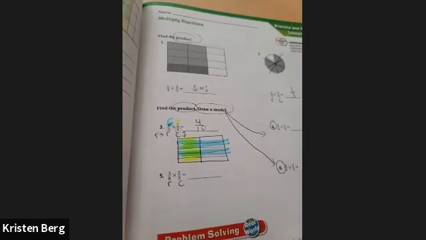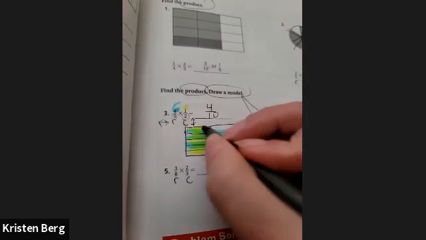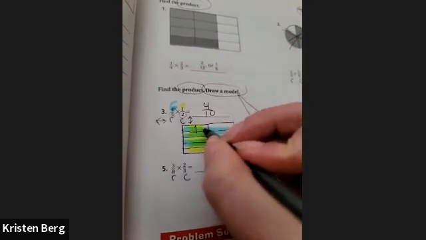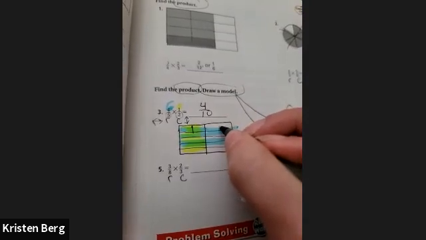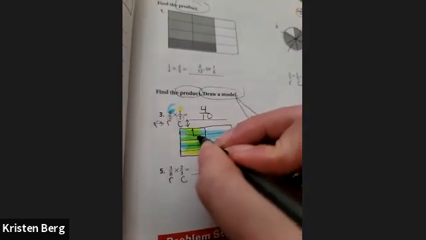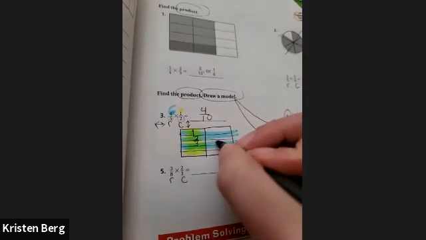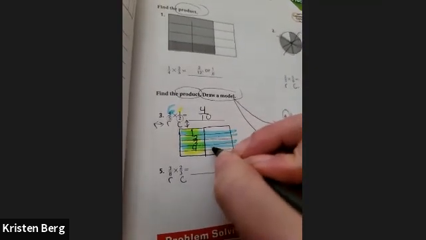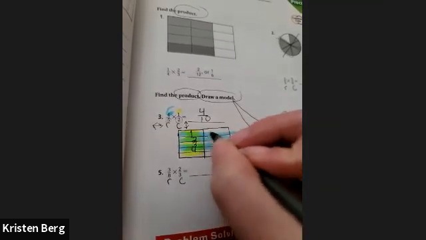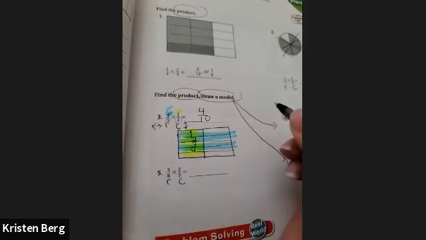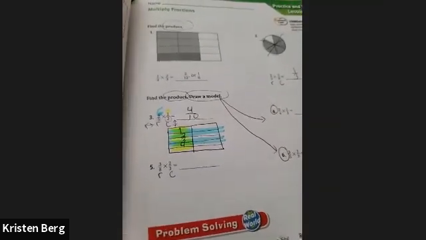So if you come back and see how much have both of those colors in it, this has both the yellow and the blue, but this one does not have a yellow. This one has both, but this one doesn't. This one has both, but this one doesn't. And then this one also has both, but this doesn't. So therefore, your answer would be 4 out of the 10 would be your answer on that.